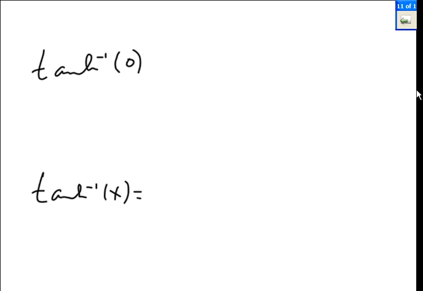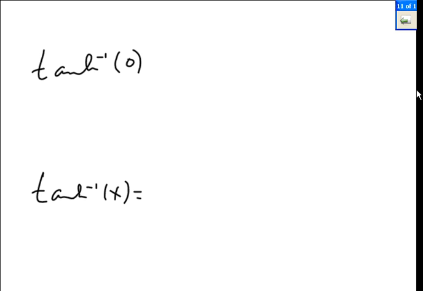Just plug the number into the formula. If somebody asks you what is the hyperbolic tangent inverse, and the number is 0, what you need to do is just use the formula for hyperbolic tangent inverse of x, which I don't know.